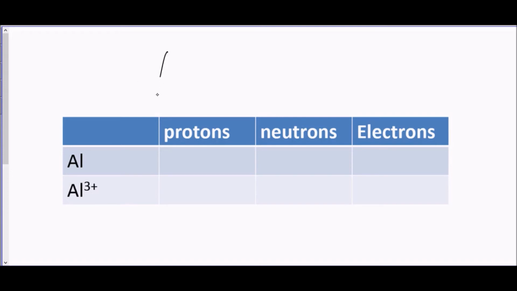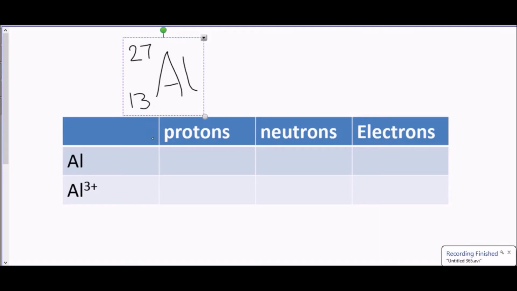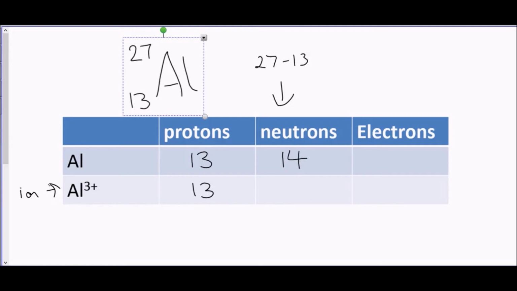So what you should have done is gone to your periodic table and found that aluminium is element number 13 and it has a mass number of 27. Therefore, the number of protons in both aluminium and its ion is 13. Neutrons, we've got 27, take 13 gives us 14. Again, we're not dealing with an isotope here, this is an ion, not an isotope, so it stays as 14.